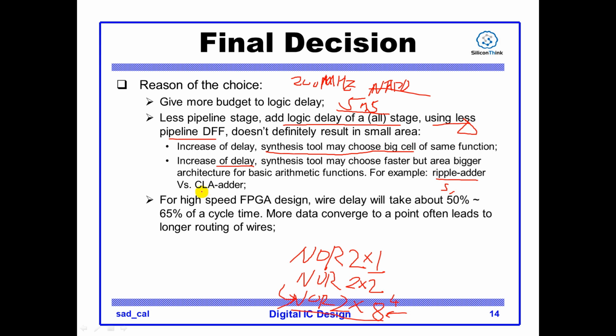And the carry look-ahead ADD, which is faster but much bigger than ripple ADD. And you have the tree ADD, such as the BK tree ADD, which is even faster but even bigger. So this is the reason. Using fewer pipe stages increases the delay in a stage. Although you use fewer pipe DFFs, it doesn't mean the area of the whole design is smaller.